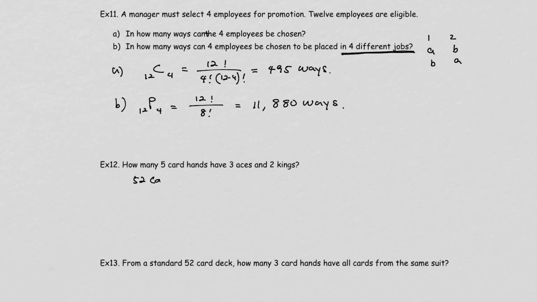And there are 4 aces and 4 kings. And you're picking 5 cards.